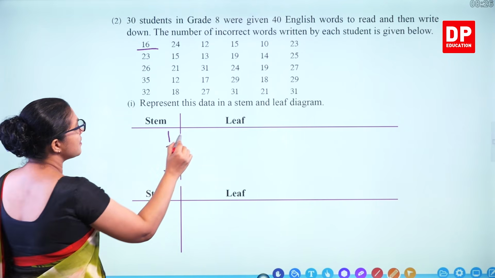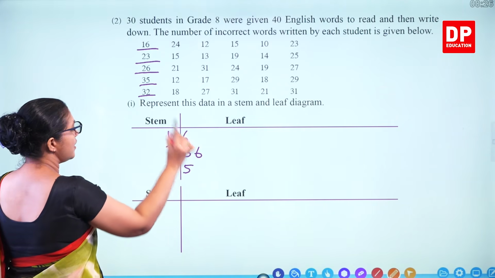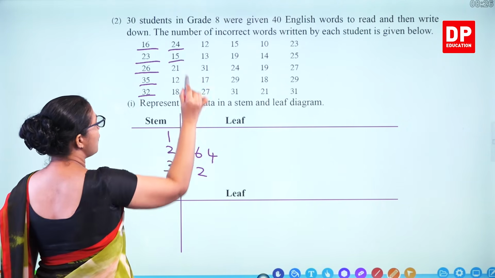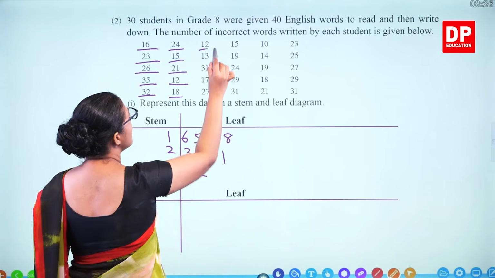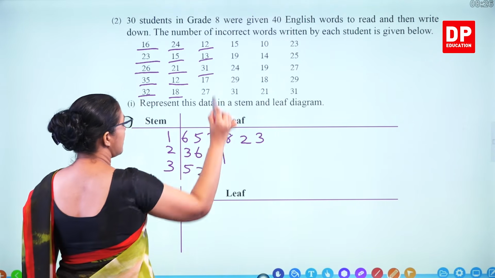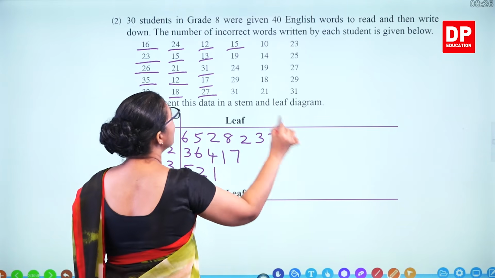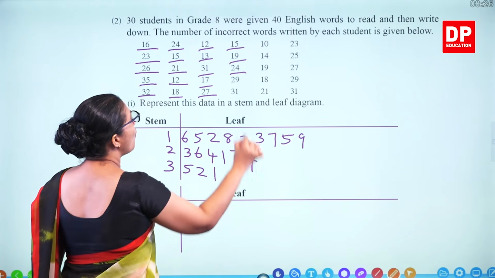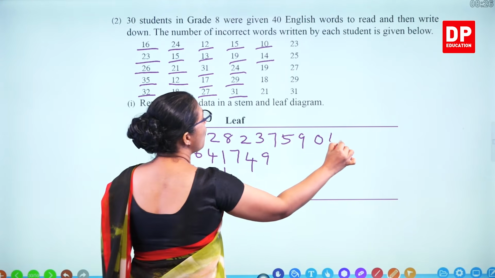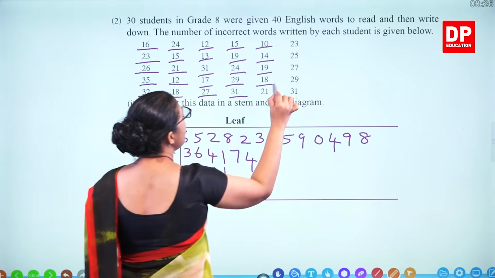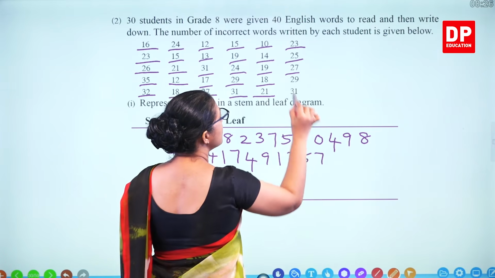1, 6. 2, 3. 2, 6. 3, 5. 3, 2. 2, 4. 1, 5. 2, 1. 1, 2. 1, 8. 1, 2. 1, 3. 3, 1. 1, 7. 2, 7. 1, 5. 1, 9. 2, 4. 2, 9. 3, 1. 1, 0. 1, 4. 1, 9. 1, 8. 2, 1. 2, 3. 2, 5. 2, 7. 2, 9.